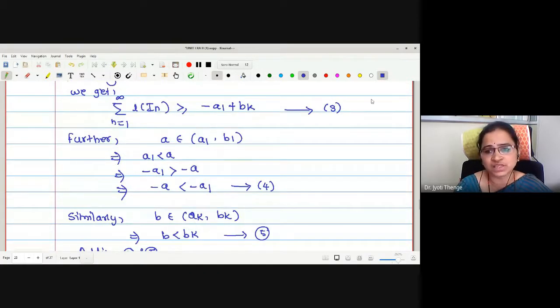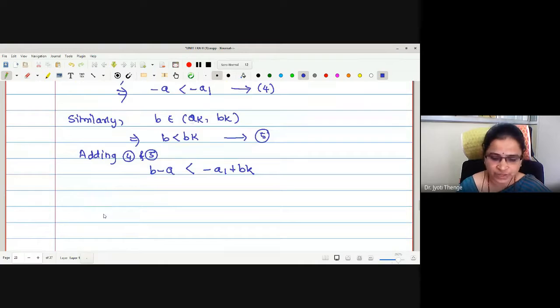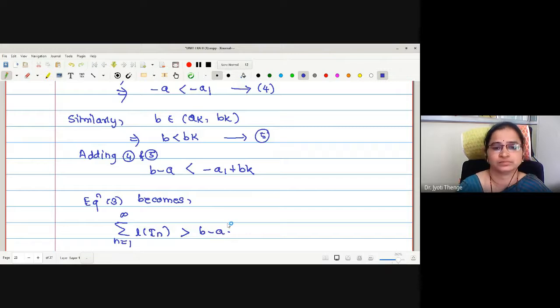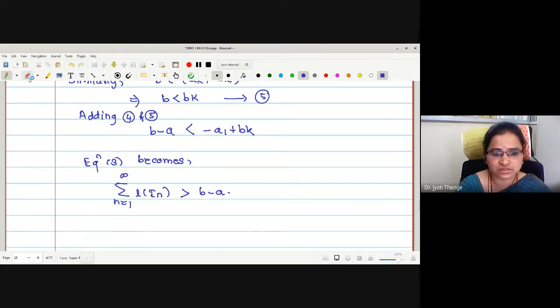Therefore, let me put this here in equation number 3. Equation 3 becomes: summation n equals 1 to infinity length of I_n is greater than B minus A. Or shall I write in between this term also?